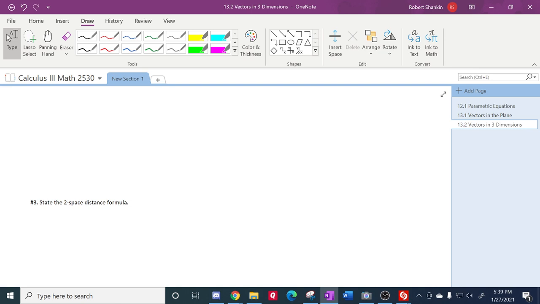Two space because it's two-dimensional space, x-axis and y-axis. Thirty seconds more.